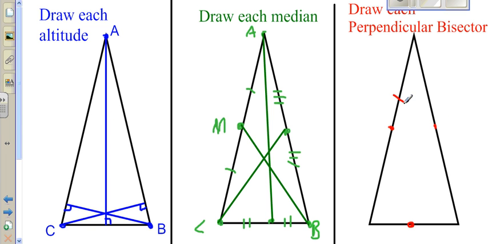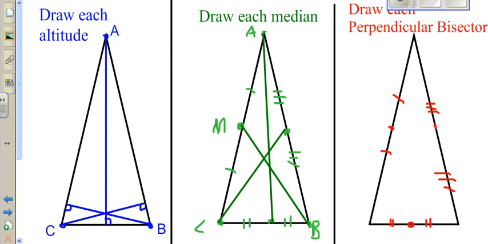I know these are midpoints because these two lines are equal, and these two lines, divided by the midpoint, are going to be equal.